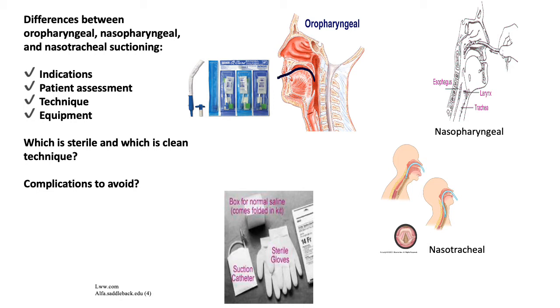Another complication would be bleeding. If you're placing a catheter through a patient's nose, even down to the trachea, there's a chance that there can be some trauma. So of course you never force catheters. You want to make sure that you don't use a suction pressure that's too high, no higher than 150.